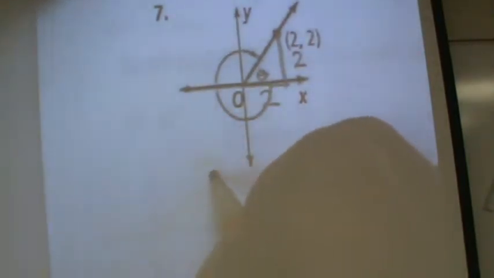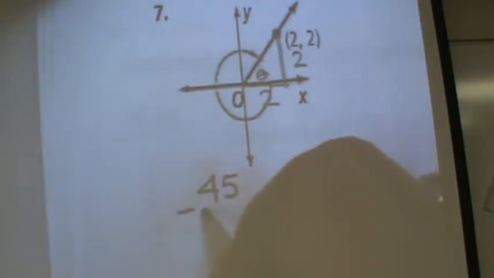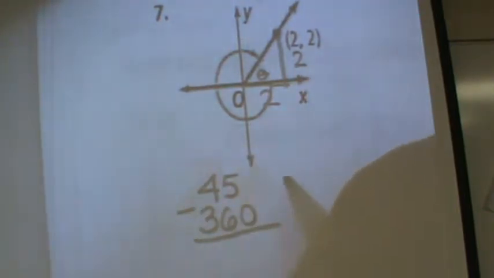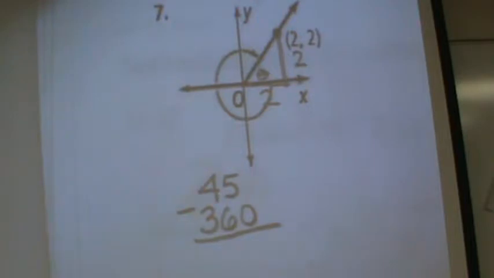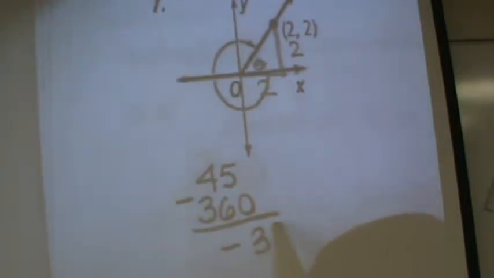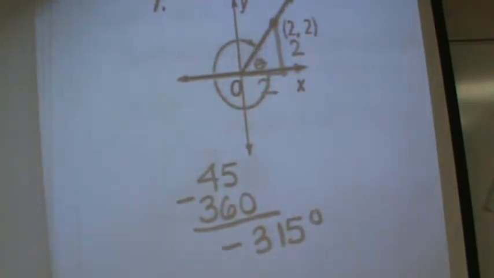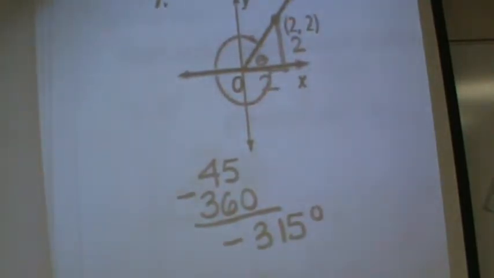Do 45 minus 360, because we're dealing with coterminal angles, and what's your answer? Negative 315. Do you get that? Yes or no? Okay, check the next one out.